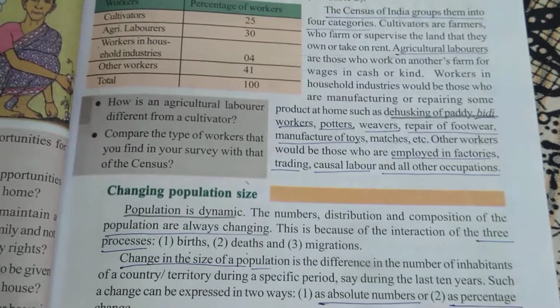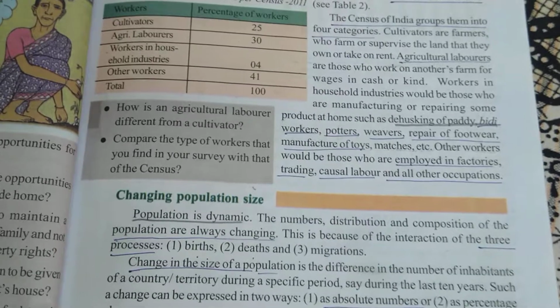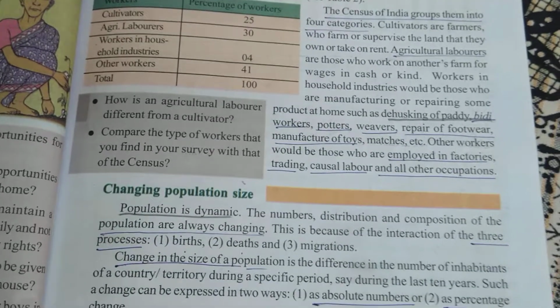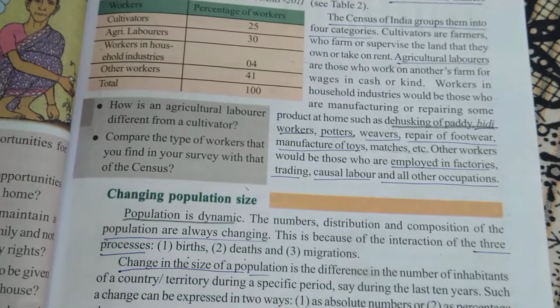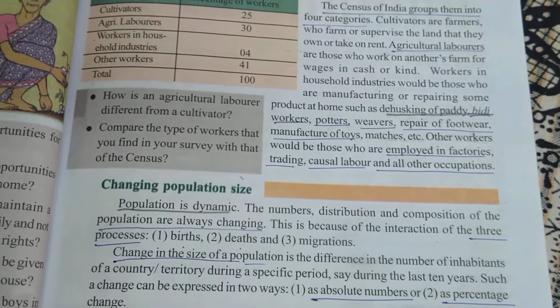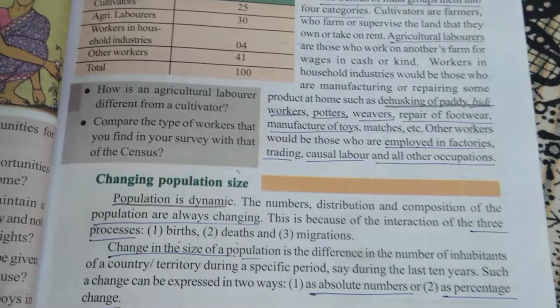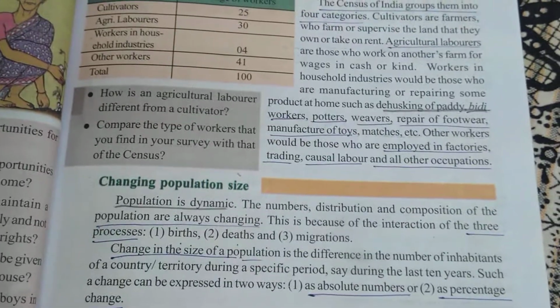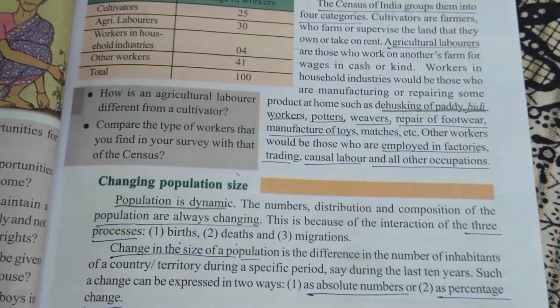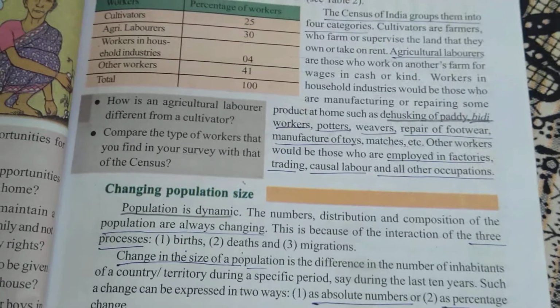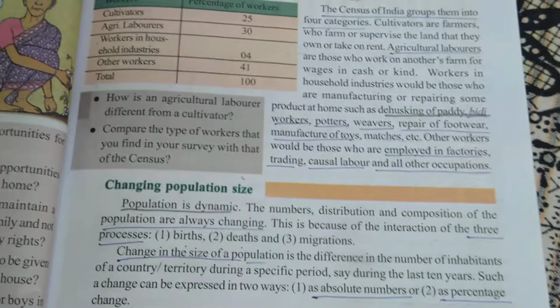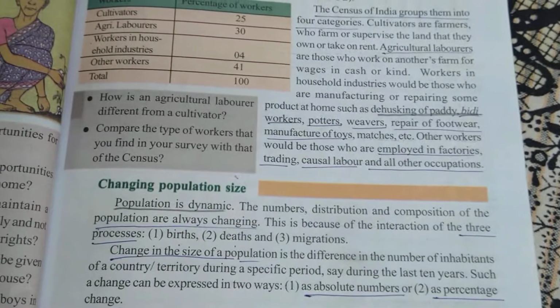Population change or size depends on 3 factors: one is births, second is deaths, and migration, in a particular time or particular decade. Clear?